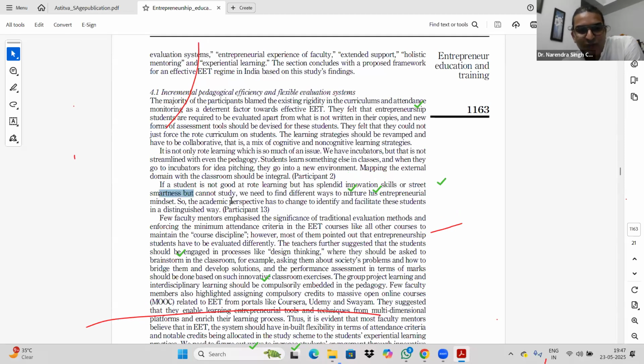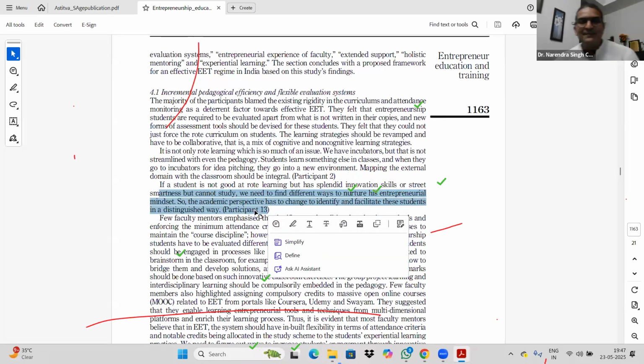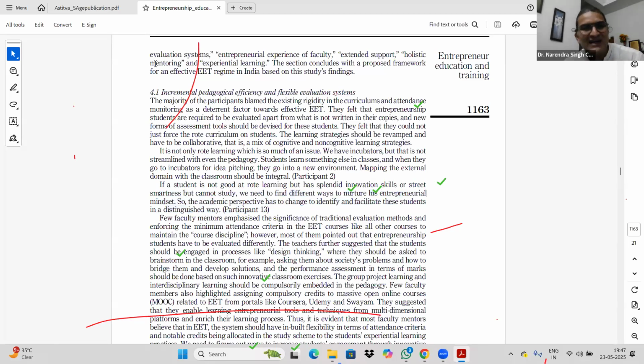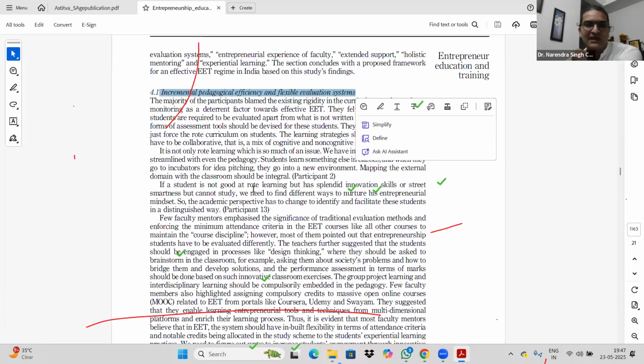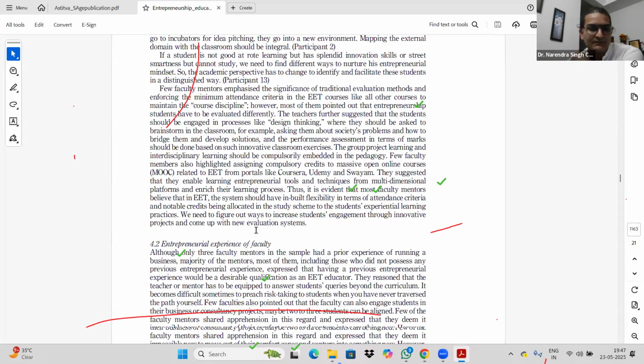So these are the actual quotes coming from the participants. These verbatims help to vouch for whatever you are claiming. So when you are talking about a particular theme, to support it you have to give verbatims as evidence. And that is what has been done.